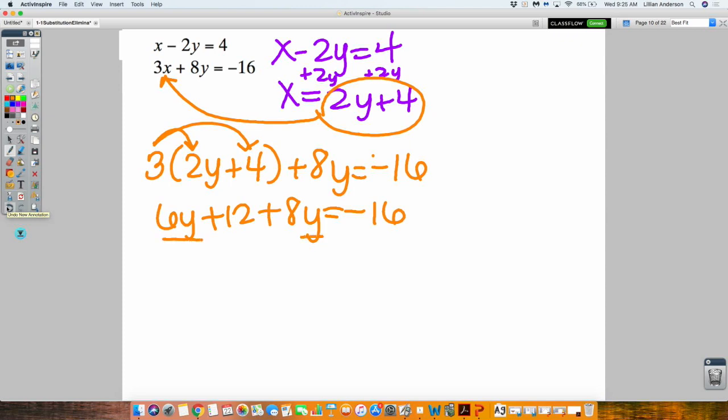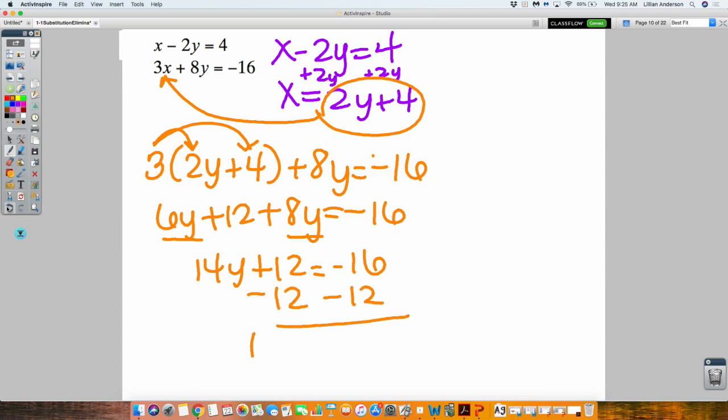Combine like terms. 14y plus 12 equals negative 16. Subtract 12 to get a negative 28. Divide by 14. And y should be a negative 2.